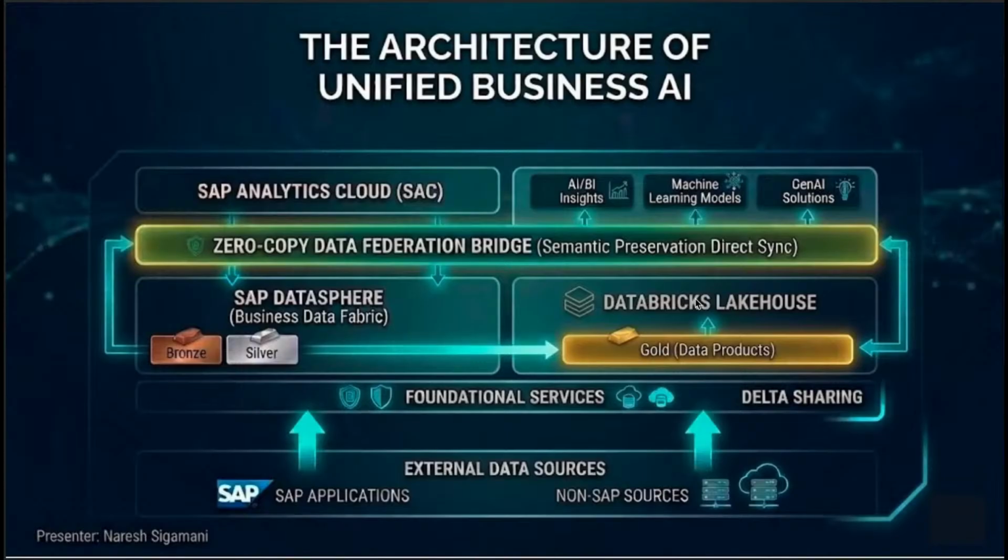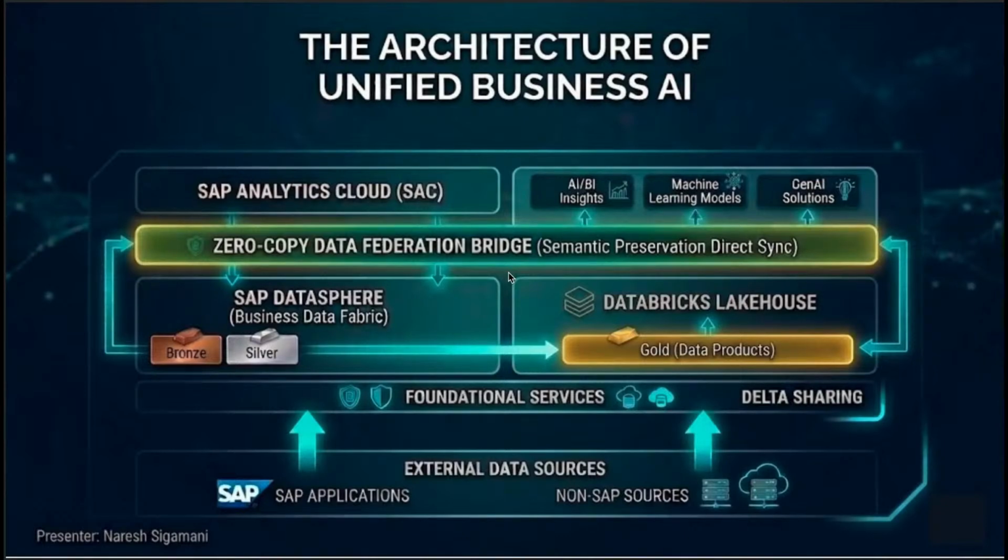The magic is in the middle, the zero-copy federation bridge powered by Delta Sharing. This is the end of the data tax we saw a few minutes back about the integration. We are bypassing log-based replication, OData, or ODP extractors entirely for SAP Databricks or native Databricks access.